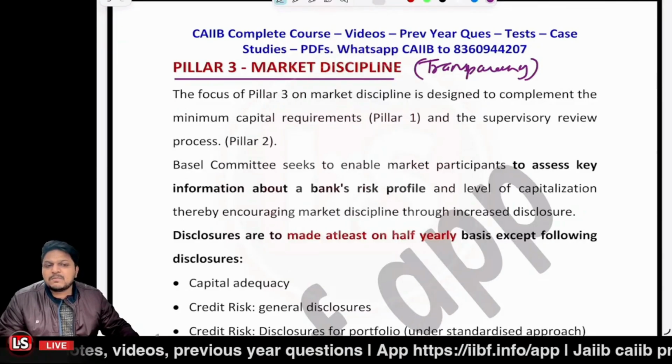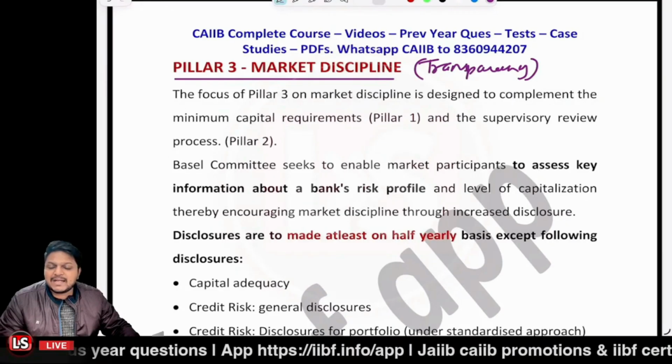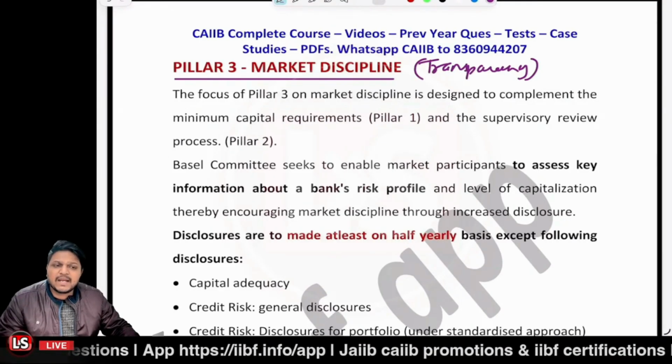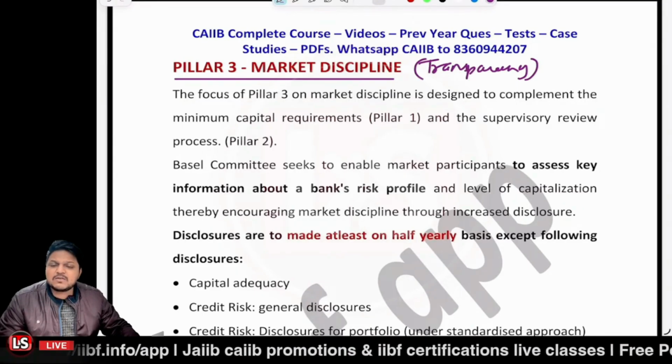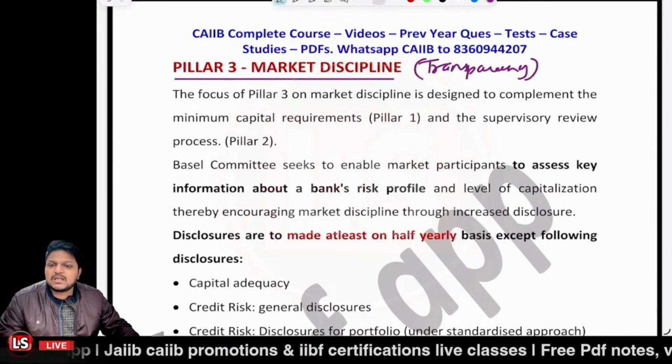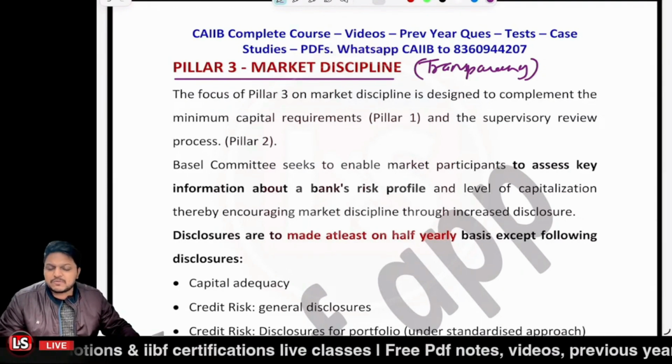For that purpose, disclosures are to be made, and these disclosures should be at least on a half yearly basis, and there are some exceptions which are to be done on a quarterly basis. Otherwise, all the disclosures must be there at least on a half yearly basis. Only some exceptions are there.